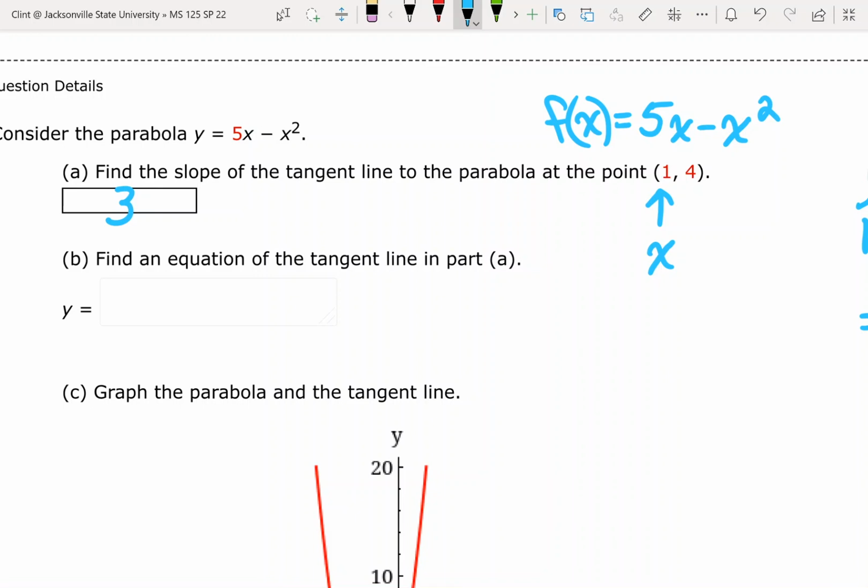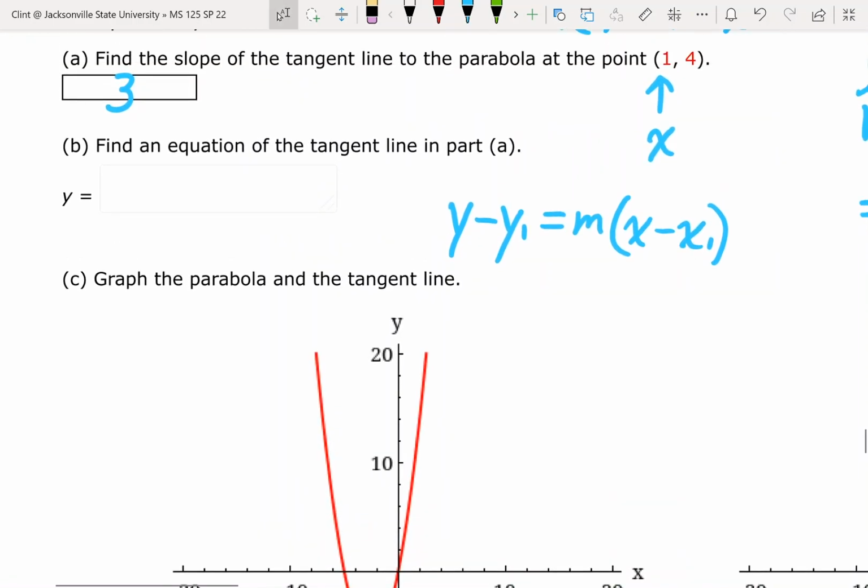The second part wants us to find an equation of the line. So we take our slope and our point and plug in: y minus 4 equals 3 times (x minus 1).